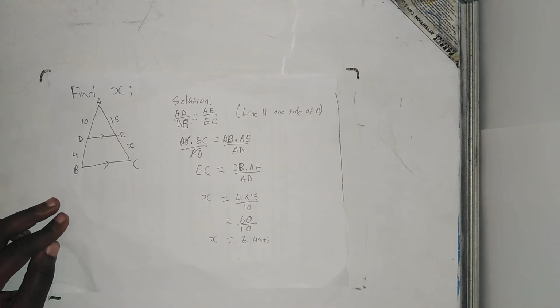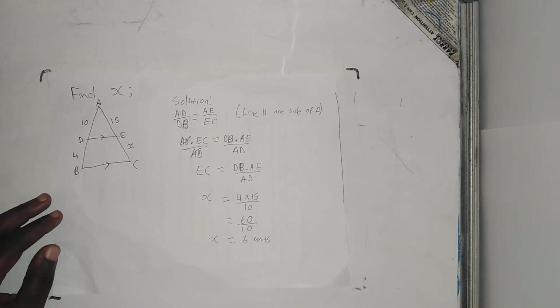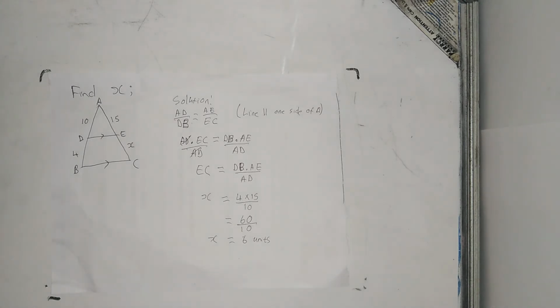And if you don't have any of these things, you must just say 6 units. So ladies and gentlemen, here is our answer. Our answer is 6 units. Right? And we used the proportionality theorem. All right?